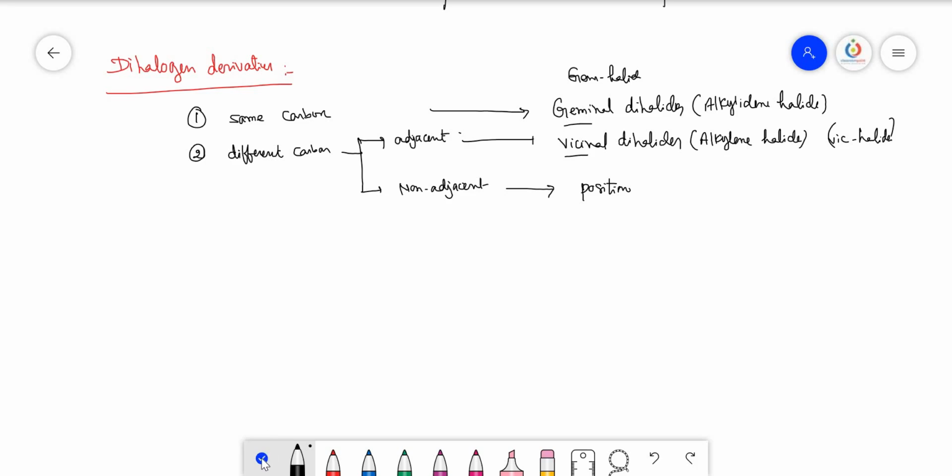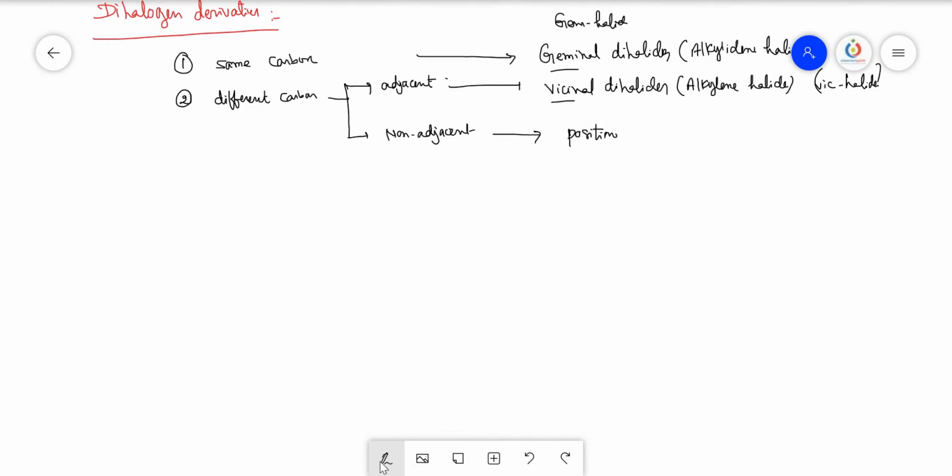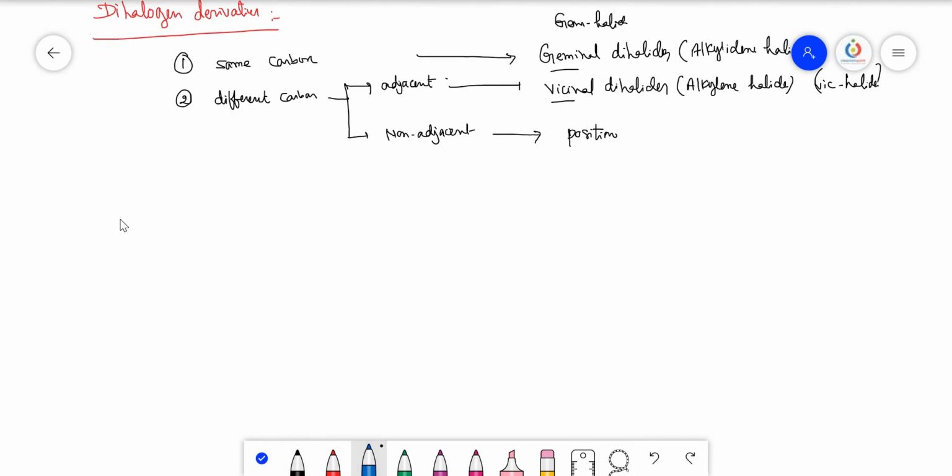Let us see examples of these geminal halides and vicinal halides. Here just take CH3, CH, Br and Br. Two halogen atoms are present on the same carbon atom, so it is an example of the gem halide.